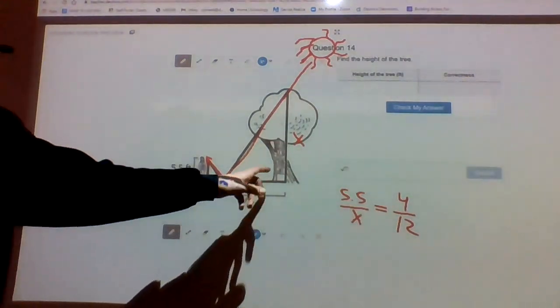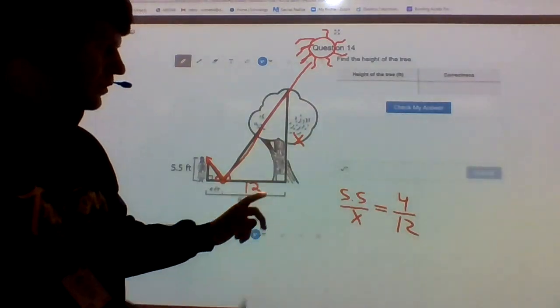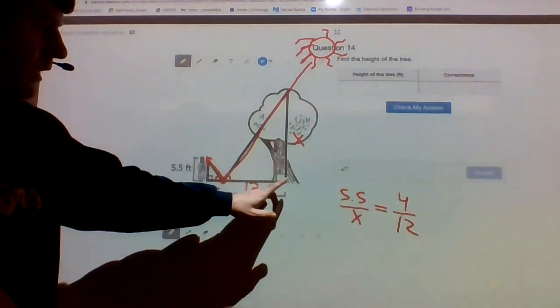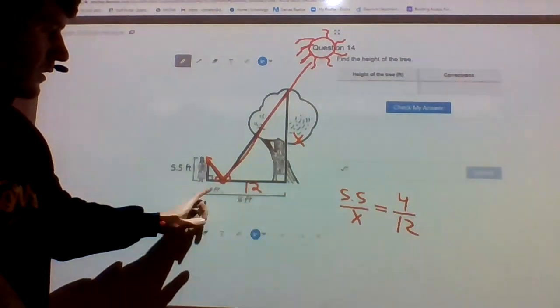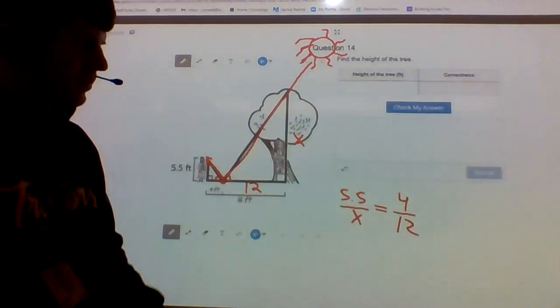So by angle similarity, the two triangles are similar. So 5.5 over x equals 4 over 12. Again, it's 12 because the whole distance between the person and the tree was 16, and the distance between the mirror and the person was 4. So 16 minus 4 is 12.